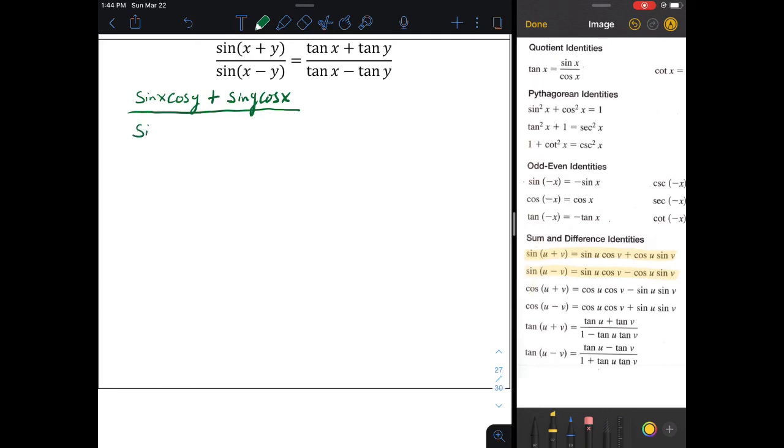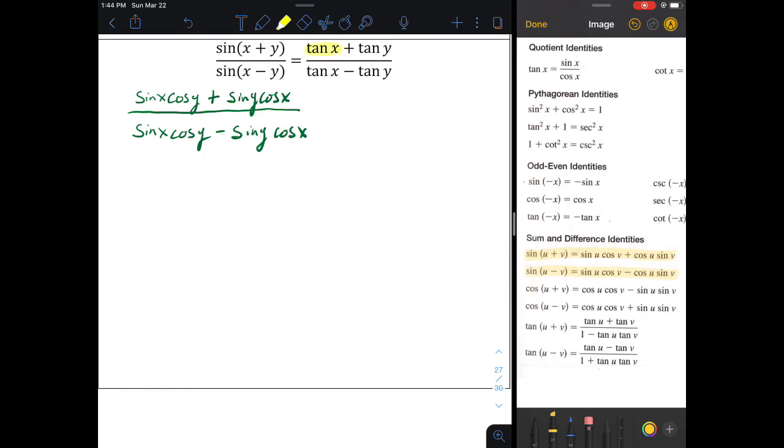So sine of x cosine of y minus sine of y cosine of x. And now I'm looking and I'm asking myself, how can I make all of that become tangents? Well, that's a very good question. Let's look here. Let's go find a term.